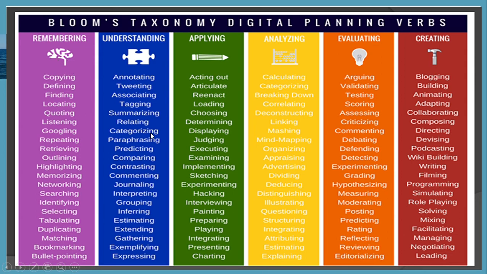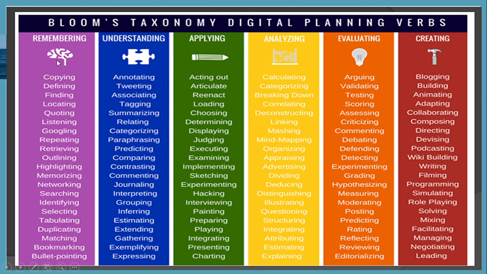If you want your learners to just remember, then you can have: copy, define, find, locate, quote, listen, Google, repeat, retrieve, outline, highlight, memorize, network, search, identify, select, tabulate, duplicate, match, bookmark, bullet pointing. You can use these words in the bottom part of the Bloom's taxonomy.